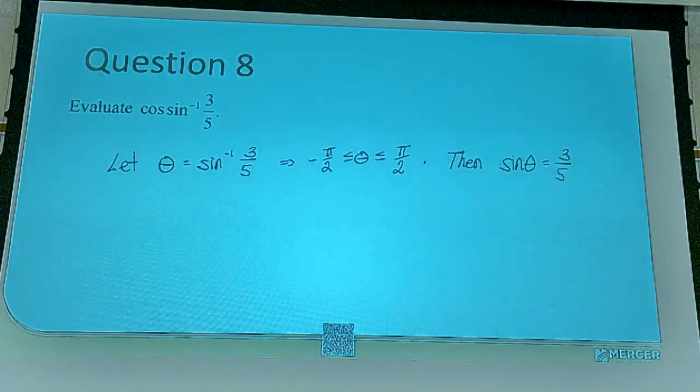Sine of theta would have to be 3/5. It's kind of the definition of theta being the inverse sine. That means sine of theta is 3/5.